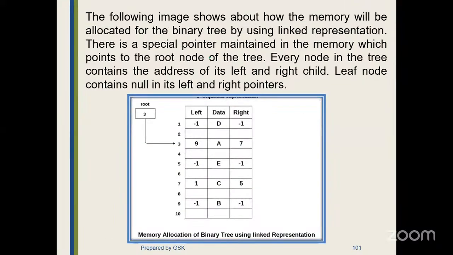Now, how is memory allocated for binary trees using a linked list? The memory allocation will be like this: left pointer, right pointer, data. Suppose it is a node, it has the address of the left node and the address of the right node. For example, node E doesn't have a left node or a right node, which is indicated with -1.